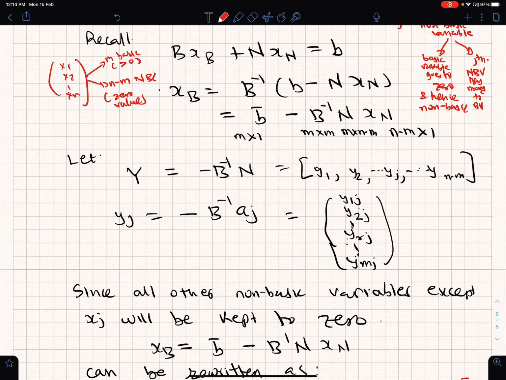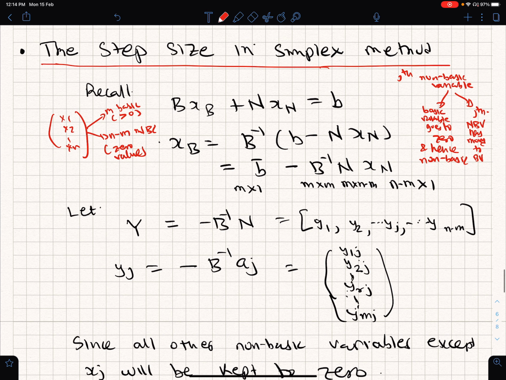So xB, the basic variable set at our present operating point iteration, can be written as B inverse b minus B inverse N xN. Here B is an m cross m matrix.